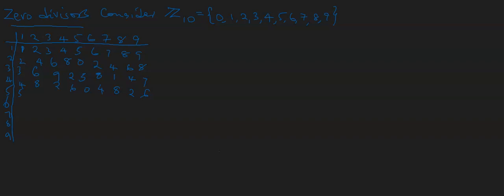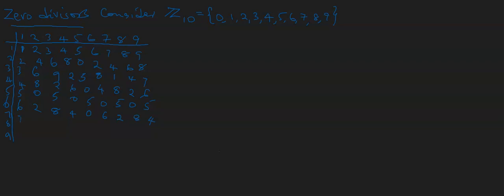For 5 we have 5, 0, 5, 0, 5, 0, 5, 0. For 6, we have 6, 2, 8, 4, 0, 6, 2, 8, 4.